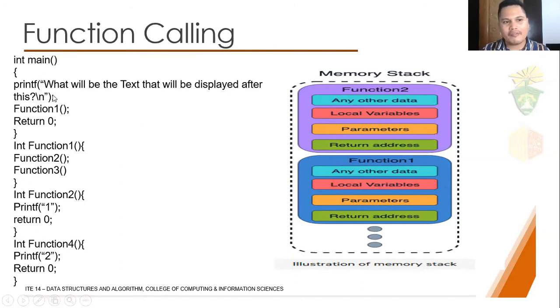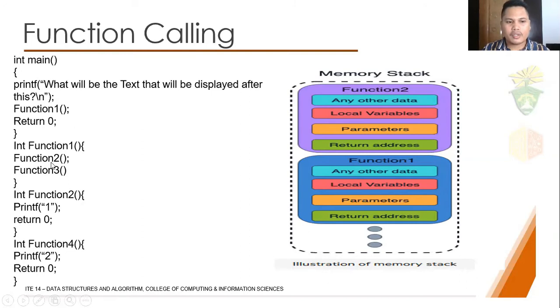So main stops executing. Before we talk about the memory stack, by the time main calls function 1, function 1 is now invoked, meaning main transfers the control of execution to function 1. So function 1 is now the one executed, not main. Function 1 then calls function 2.